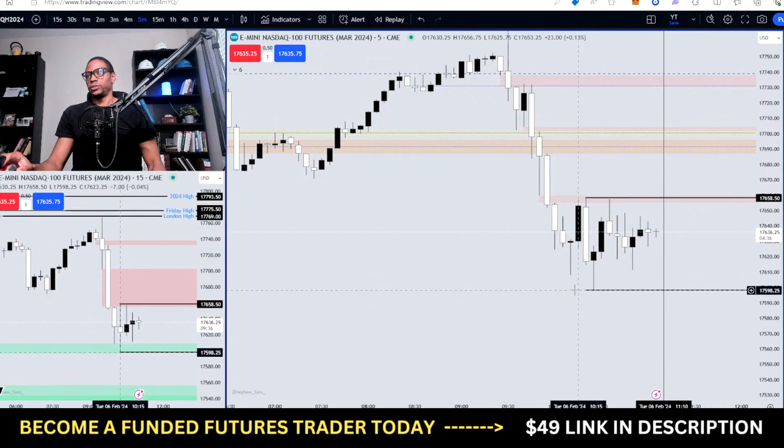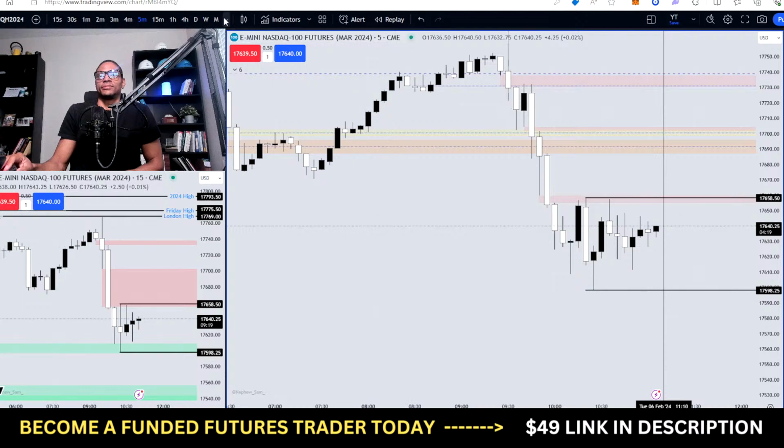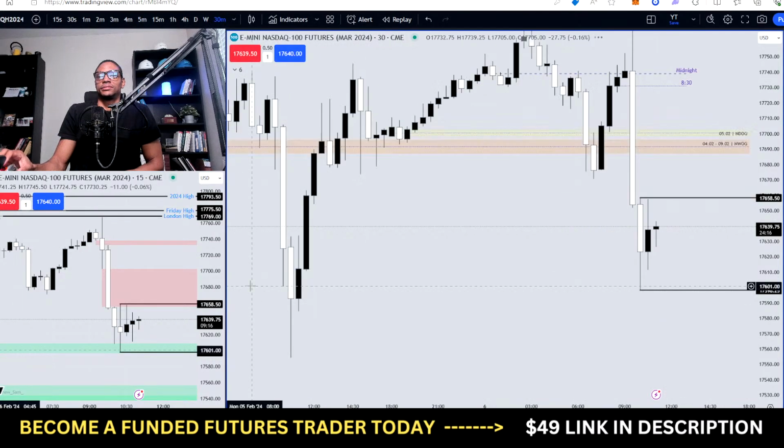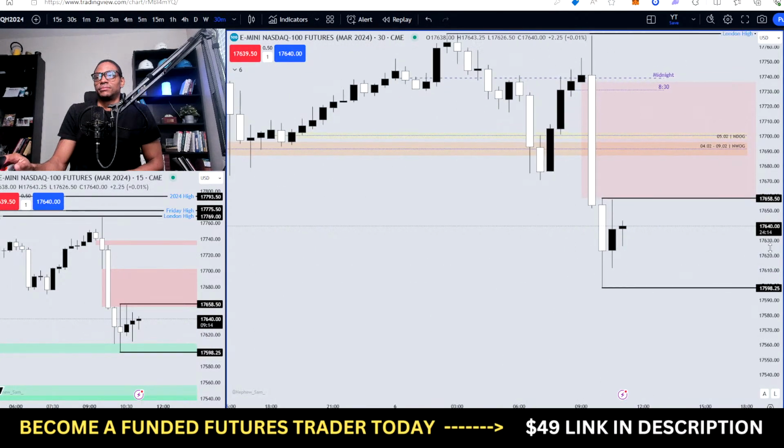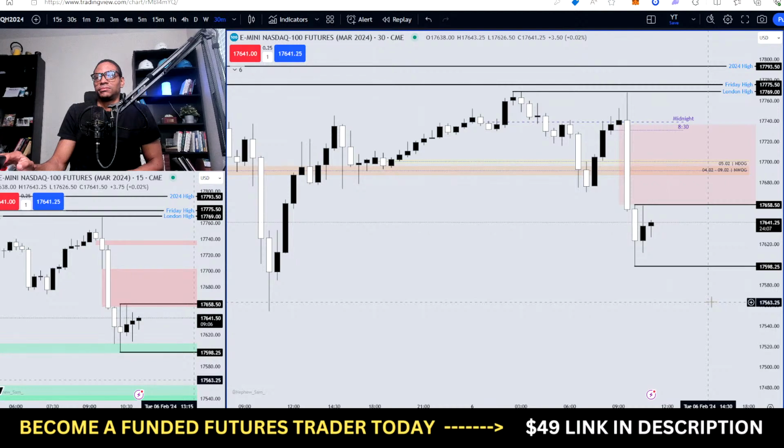Wow, we're still trading in between this zone on NQ 40 minutes ago. Say 30 minutes. Trade up into here and then back down maybe.